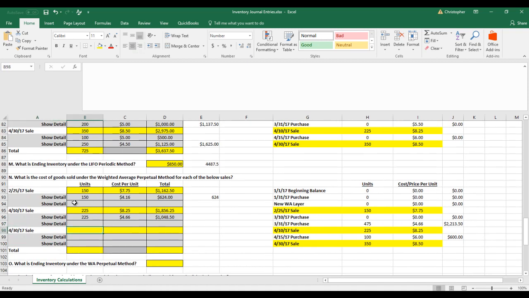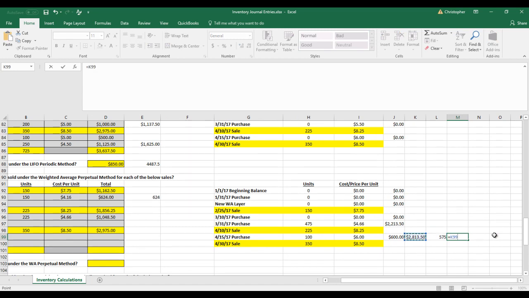So now we have another sale. 350 units at $8.50 per unit gives us $29.75. So we have to figure out what units we have left, or what cost we have left. $2213.50 plus 600, and that relates to 575 units.